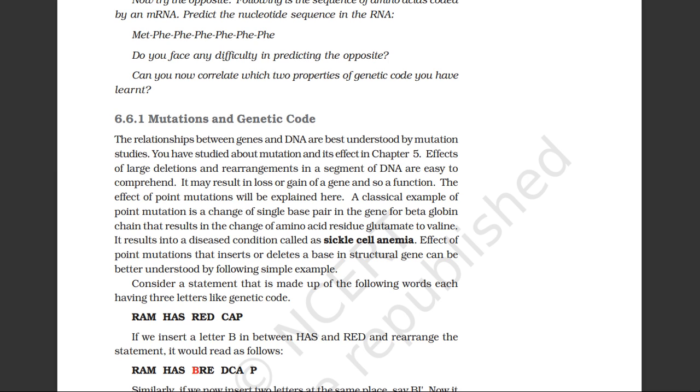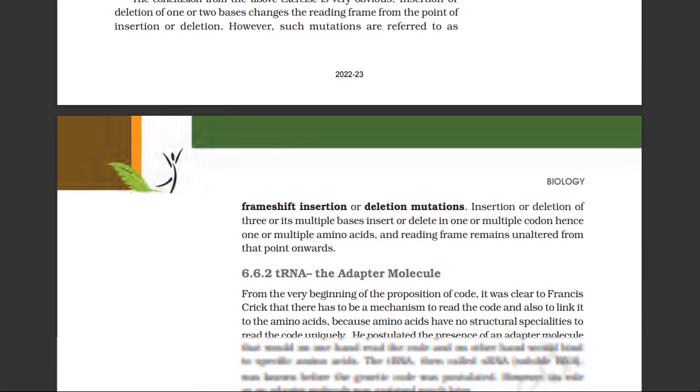The effect of point mutations will be explained here. A classical example of point mutation is a change of single base pair in the gene for beta-globin chain that results in the change of amino acid residue glutamate to valine. It results in a diseased condition called sickle cell anemia.